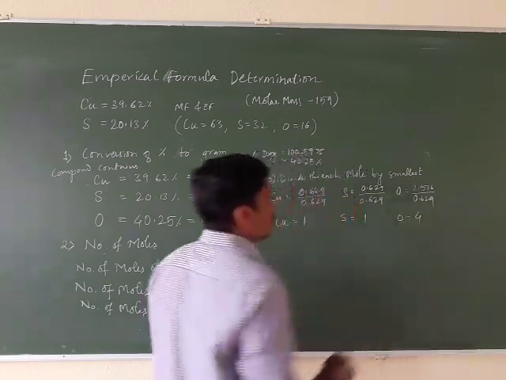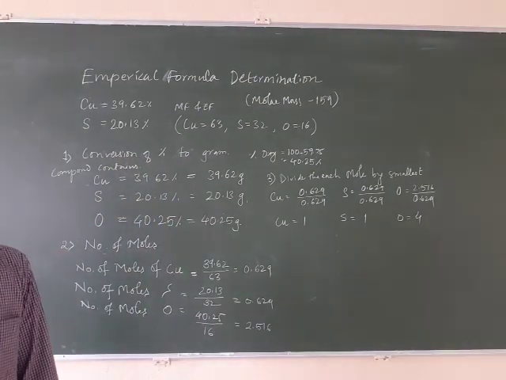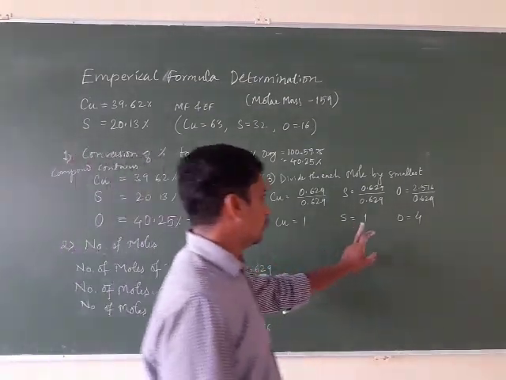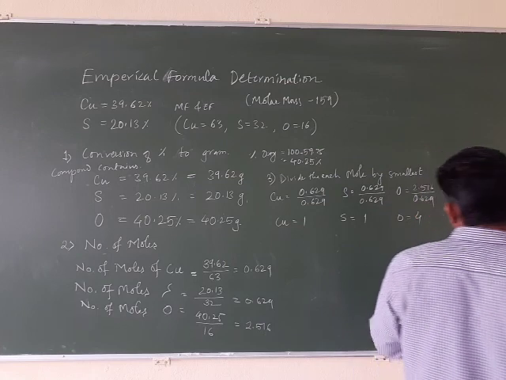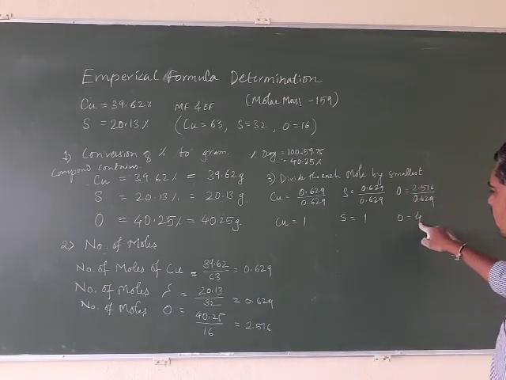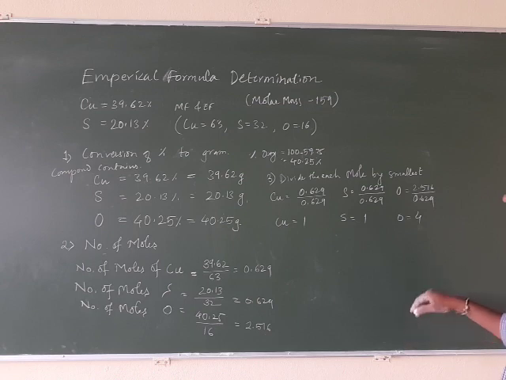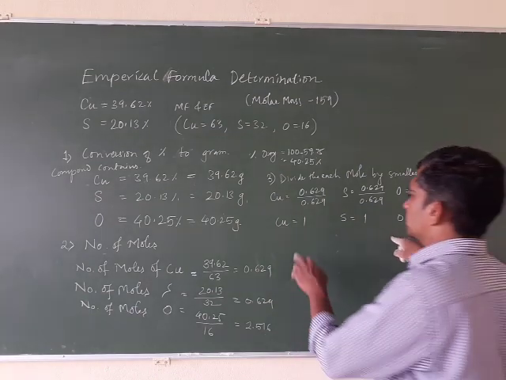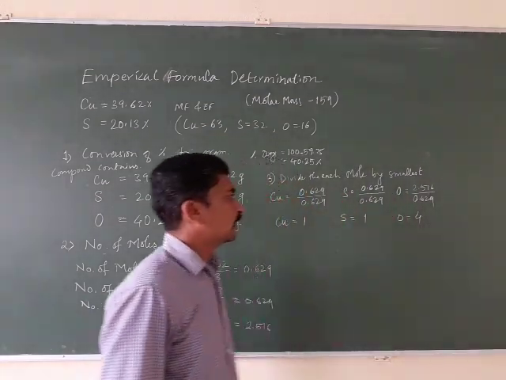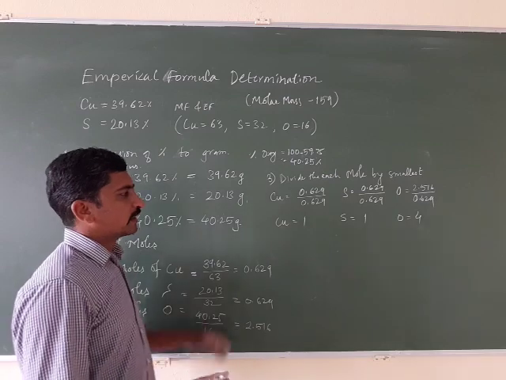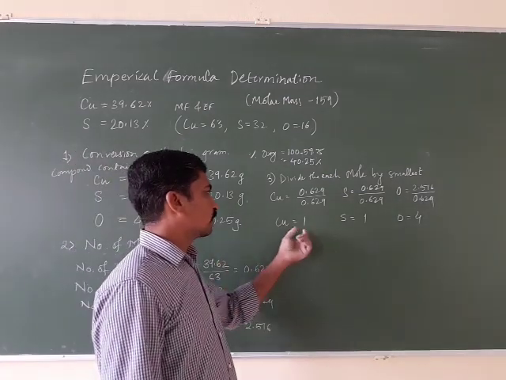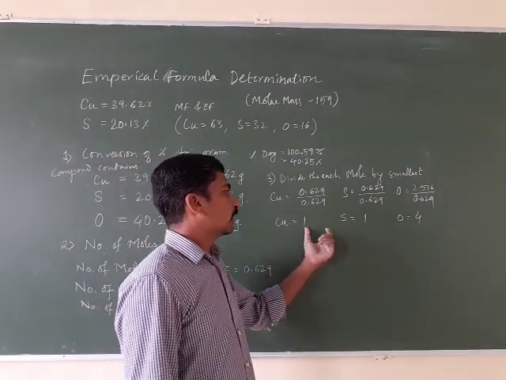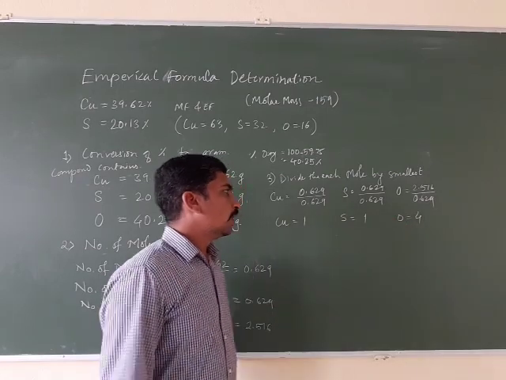Now if you are not getting a whole number like 1, 1, 4 and instead you are getting a fraction, then we have to follow one other step, which is to multiply the ratio by the simplest or a suitable figure to convert it into whole numbers.